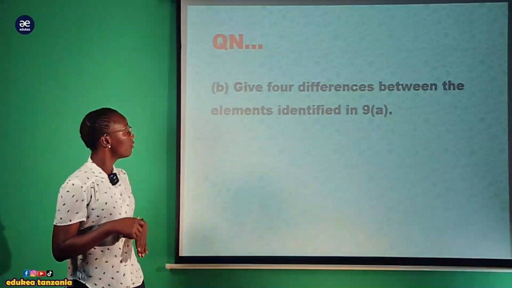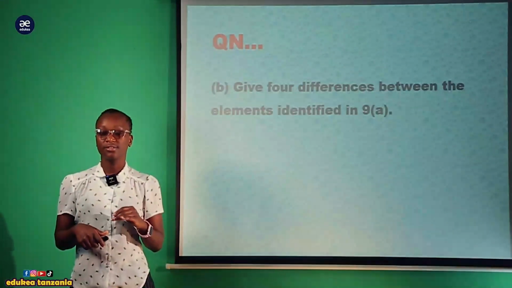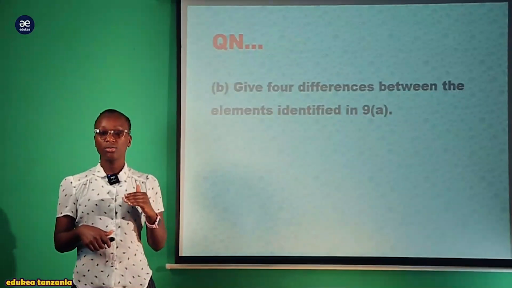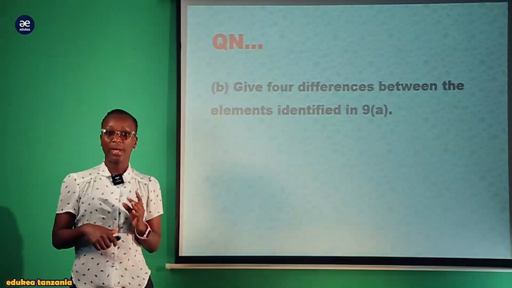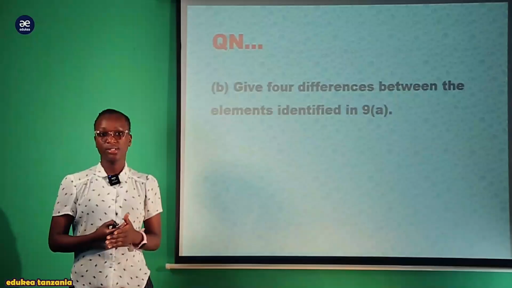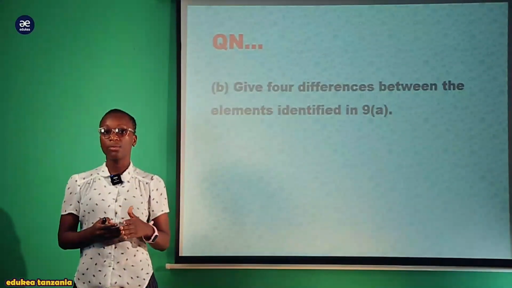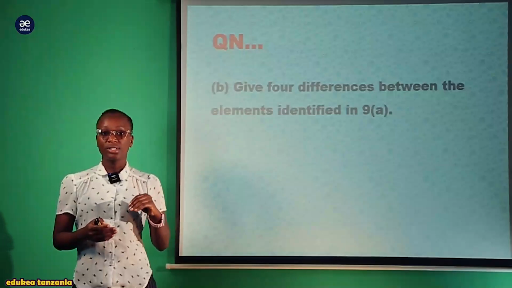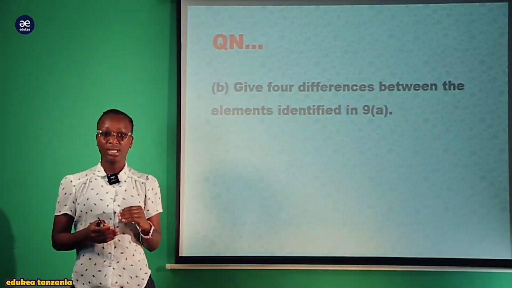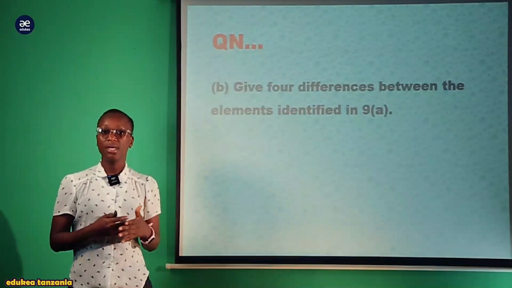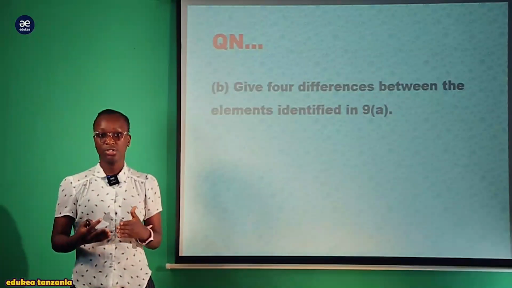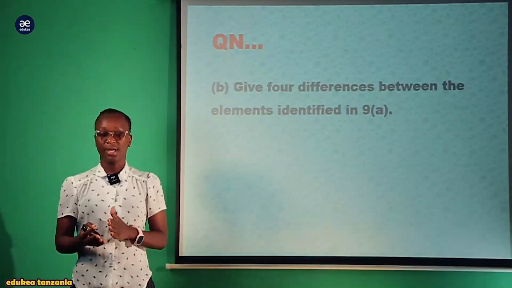You are required to provide the difference between those identified elements. Kwa hiyo kwenye ile list ulopewa, ukishindwa ku identify the list of elements, utashindwa pia kuja ku provide their difference kwa sababu kama utaweza ku provide the list of element katika part A, ndio utakuja kwenye part B kuweza kuzifanyia differentiation, kuzitofautisha one after another.